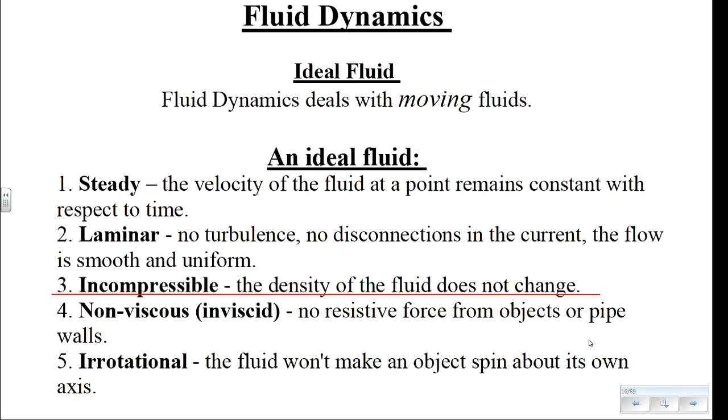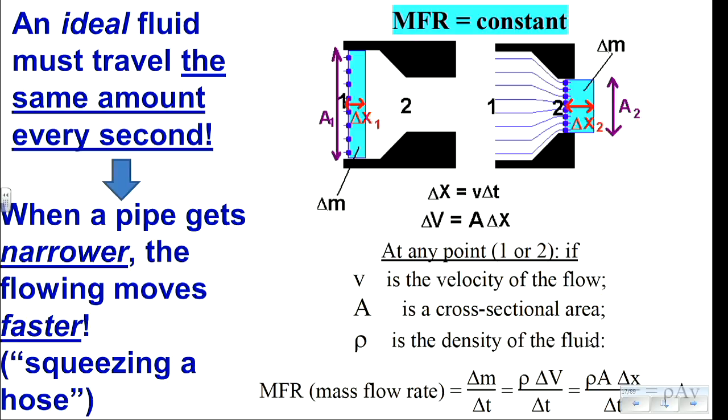An ideal fluid, so no friction, incompressible, no rotational, etc., etc. Basically, an ideal fluid can be treated as a large set of ideal tiny particles traveling in space without friction.